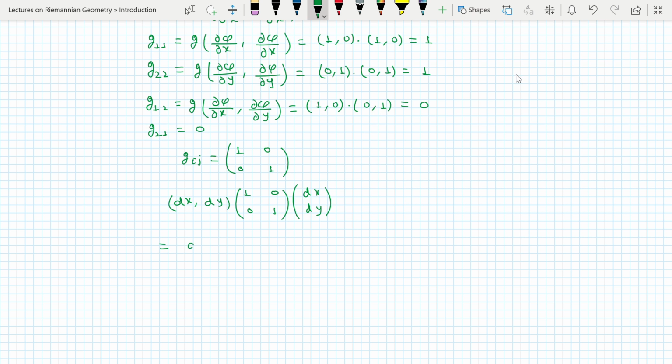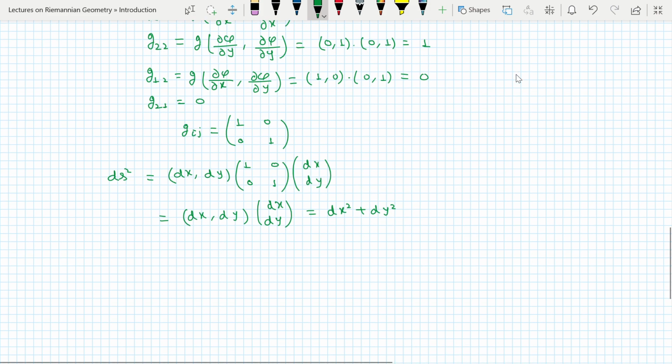You calculate it, when you multiply these, what will this be equal to? Well, this will be equal to dx squared plus dy squared. And if you remember, this exactly used to be the line element in our Euclidean geometry, right? This is exactly the line element, and this used to come from the usual inner product, which is the dot product, and that's what we have here.